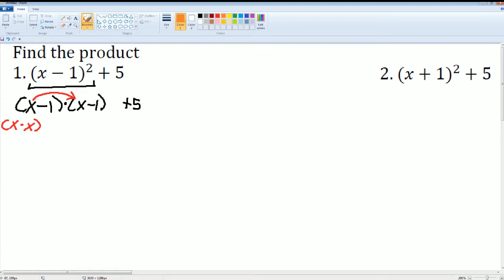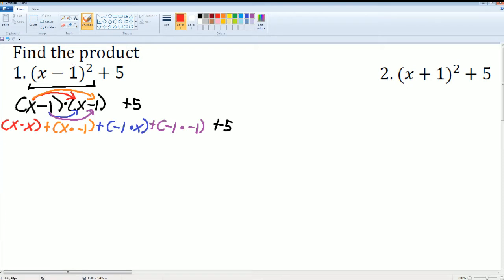Then the outer, x times negative 1. Then the inner, negative 1 times x. Then the last, negative 1 times negative 1. The plus 5 doesn't leave, so we just bring that down with it.